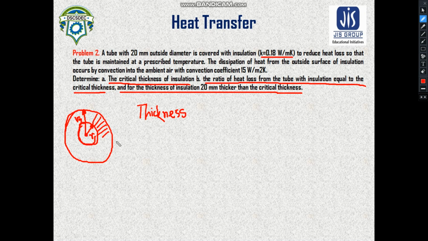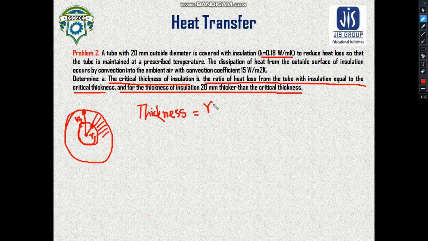Now the question is that we need to find this critical thickness of insulation. That means this outer radius is maintained at the critical radius of insulation. So this outer radius is exactly equal to the critical radius of insulation.